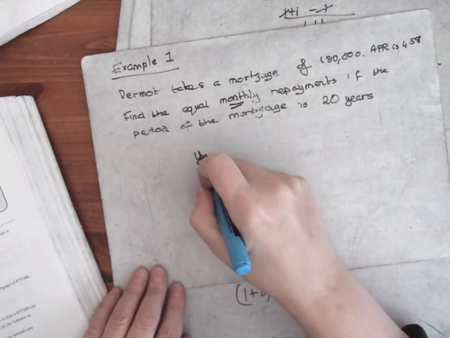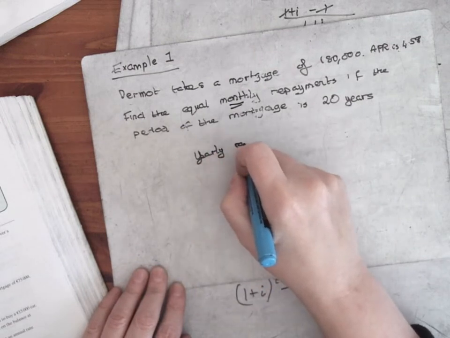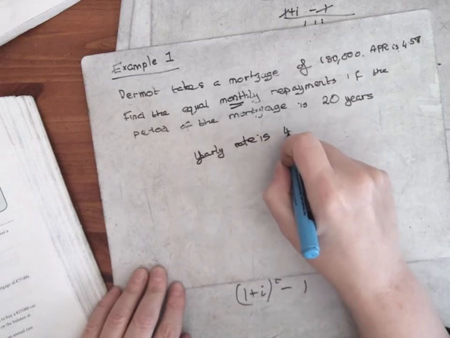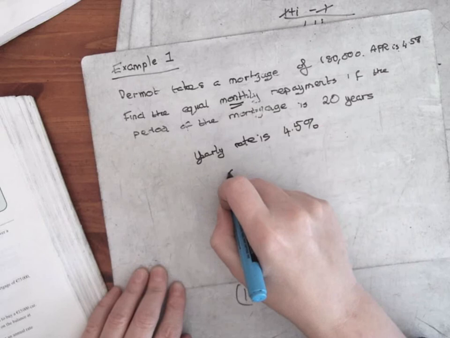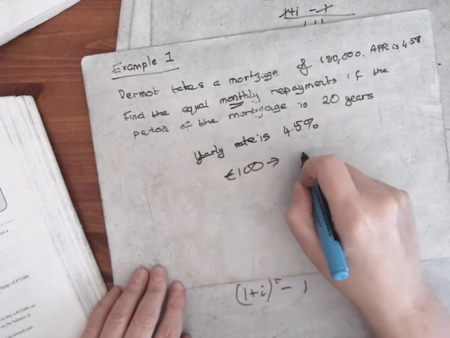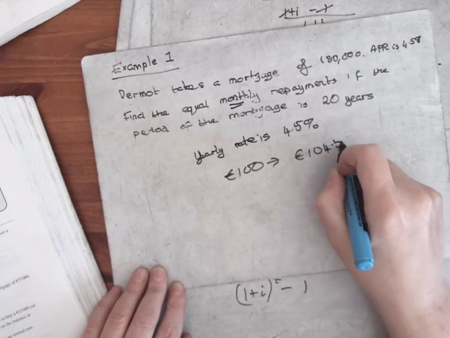So the yearly rate is 4.5%. That means if I put in €100, after 1 year, I would have €104.50.